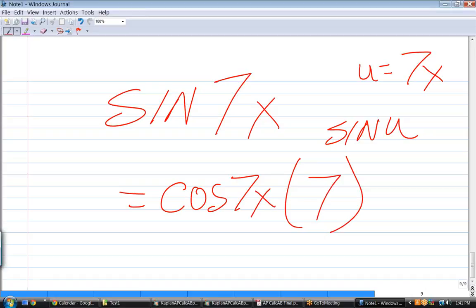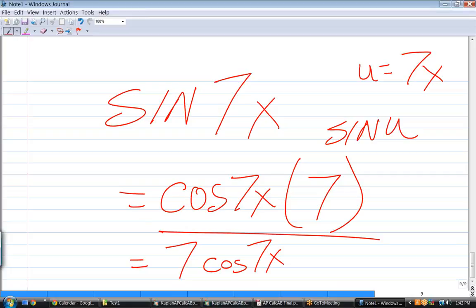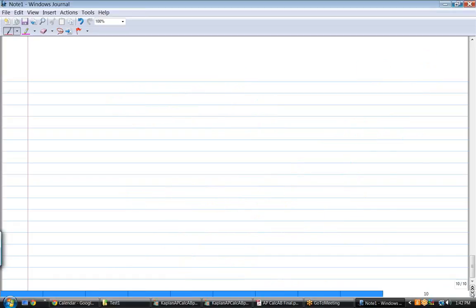Mm-hmm. And we're always going to write that with the 7 in front, like that, because it's definitely not the same as the cosine of 49x. So if you write it like this, it can be confused. You write it like that, it can never be confused.